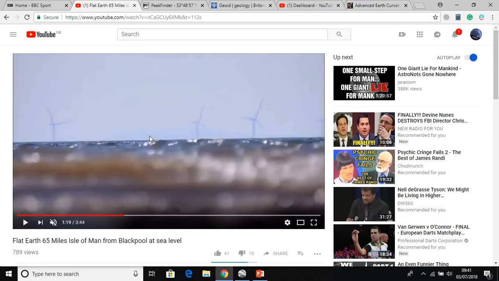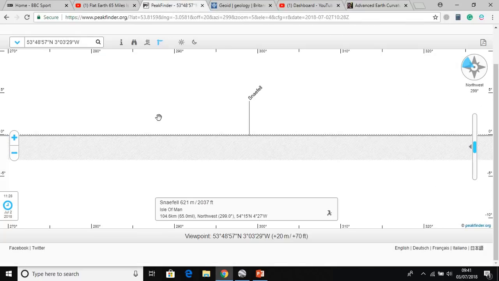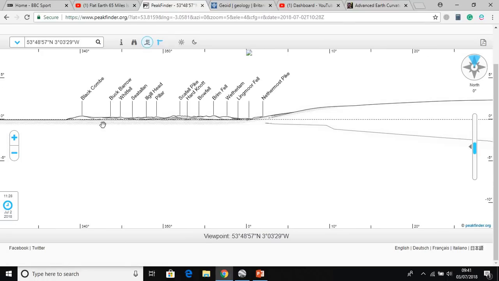And initially I questioned whether it was indeed the Isle of Man. Looking on PeakFinder, this is looking towards Snaefell from Blackpool. If we put the camera at 0 feet, we're now pointing back at the Lake District hills here.